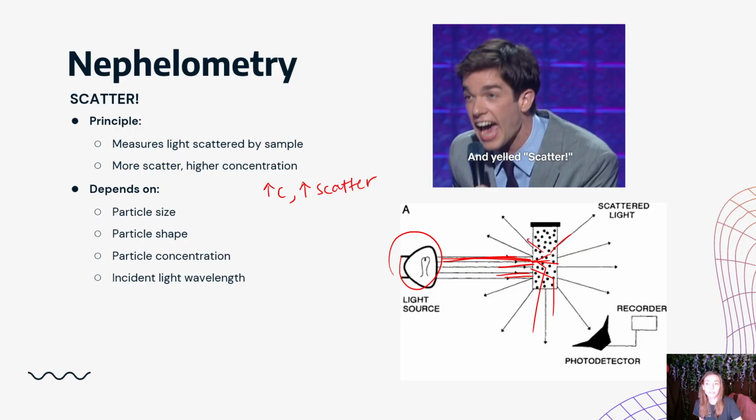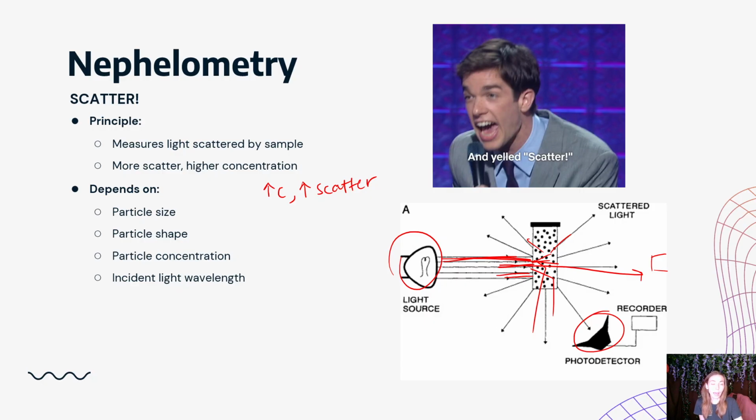You will notice normally with our spectrophotometers, we have our light passing straight through and we have our photodetector over on the other side. You'll notice that with our nephelometer, our photodetector is actually off at an angle. And that's because the more light that hits it at this angle, that implies the more light has been scattered by the solution, right? Nephelometry is really heavily dependent on particle size. The bigger the particle, the more likely it is to scatter light.